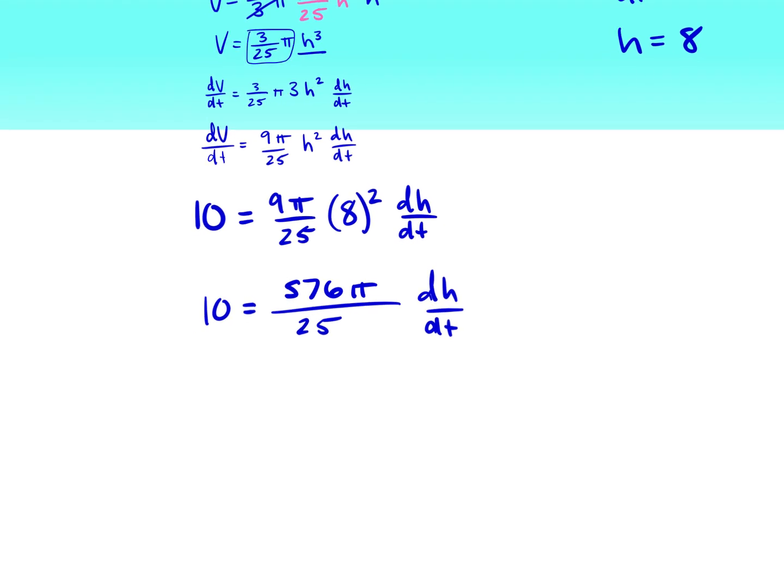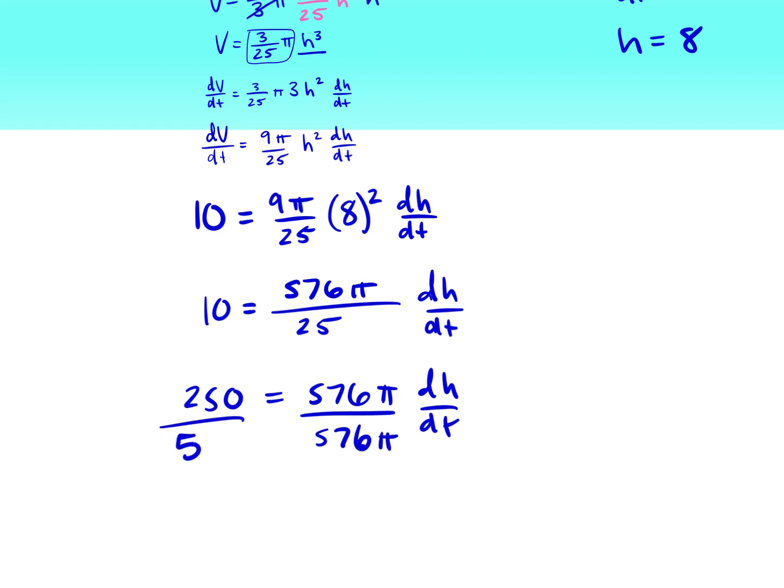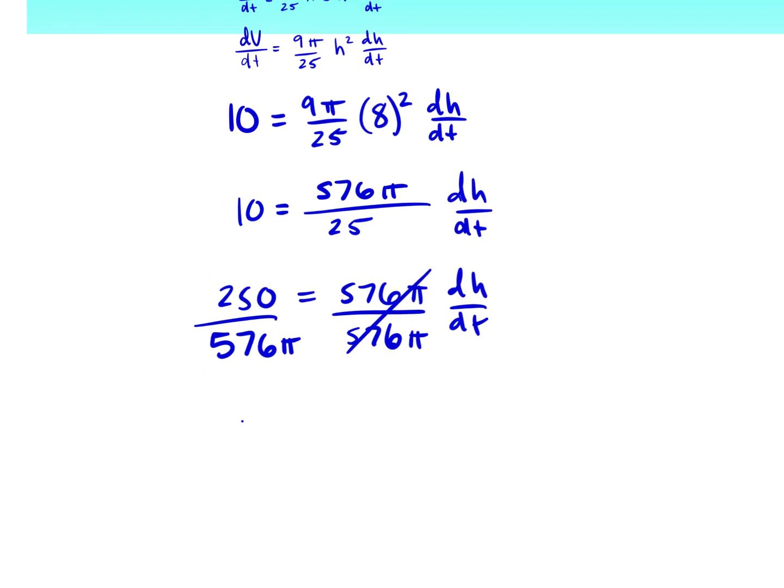We can multiply both sides by 25 to get it to cancel. So 250 is equal to 576 pi dh over dt. And then divide by 576 pi. So dh over dt is equal to 250 over 576 pi.